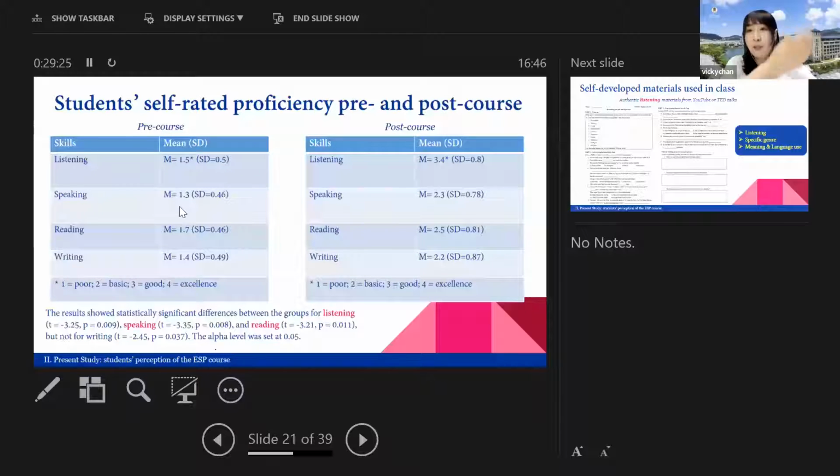Before the course started, all of them rated their skills as very low. However, on the right-hand side, after the course, they rated their proficiency a bit higher, and statistically, listening, speaking, and reading improved as well, but not writing.